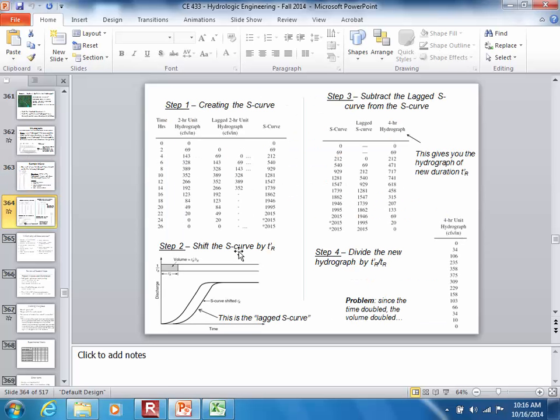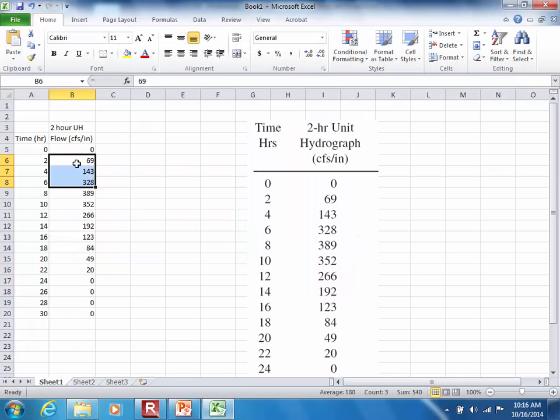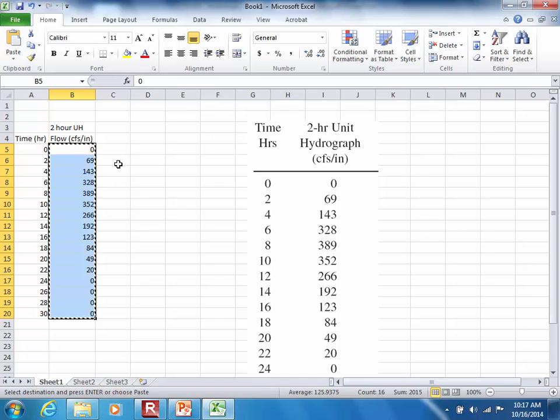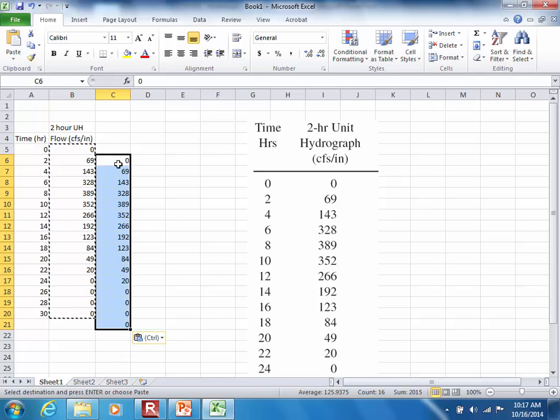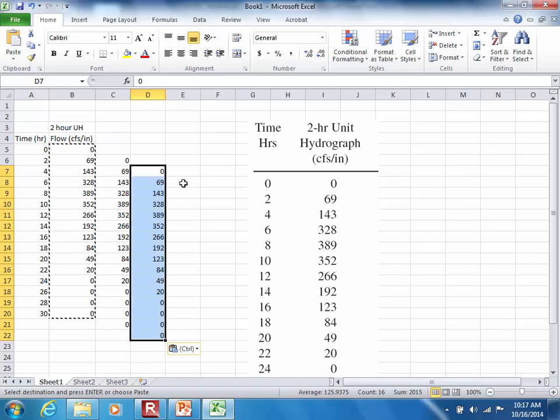And so we copy this, Control C will copy it, then Control V will paste it, and we just keep lagging it over and over again.